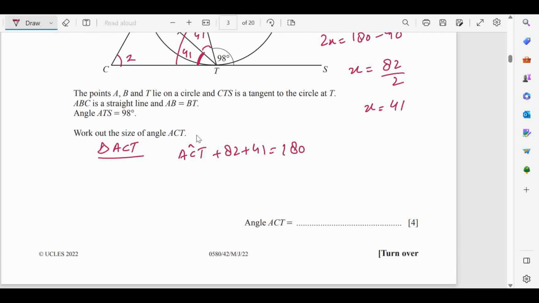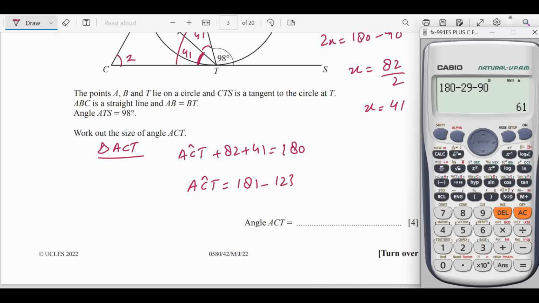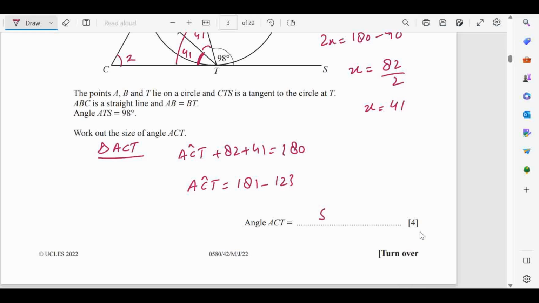Further we can write that angle ACT will be equal to 180 minus 123, because 82 plus 41 is 123. So 180 minus 82 minus 41. So this will be equal to 57 degrees.